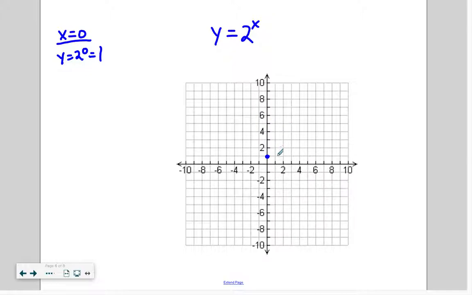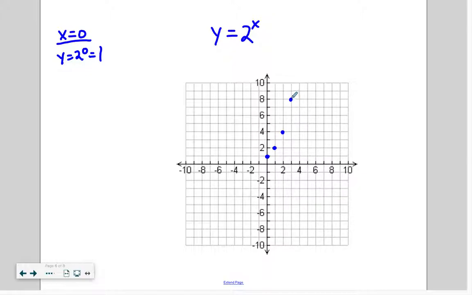Okay. Now we try x equals 1. x equals 1 creates 2 to the first, and 2 to the first power is 2. 2 to the second power is 4. This kind of looks like a quadratic shape until you get to the next one. Okay, the next one is 2 to the third power. 2 times 2 times 2 is 8.